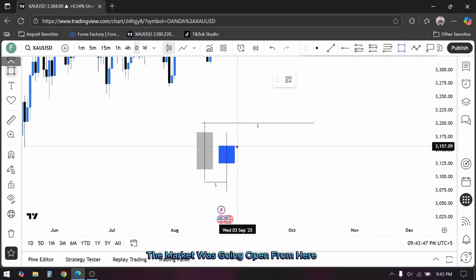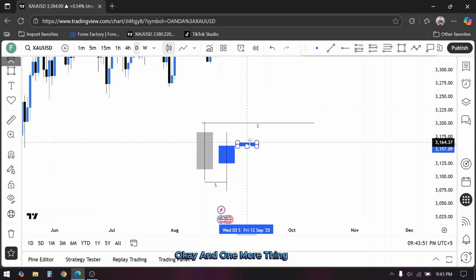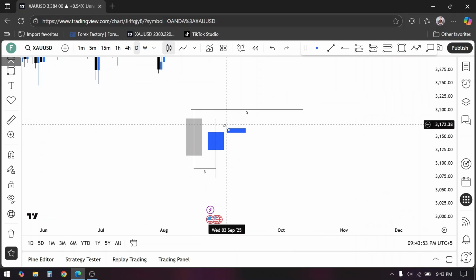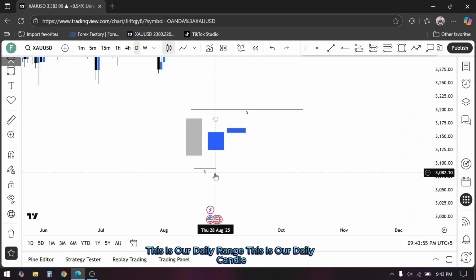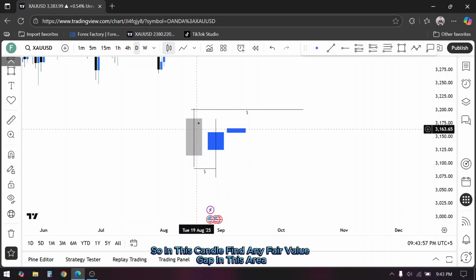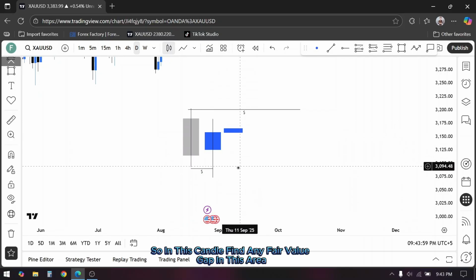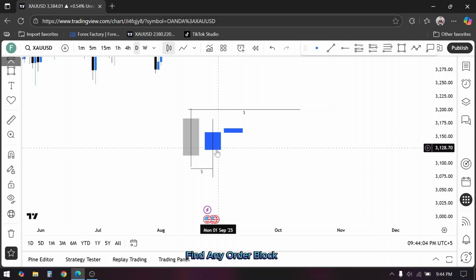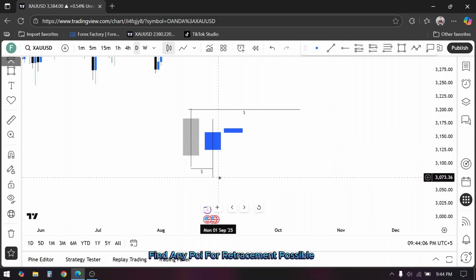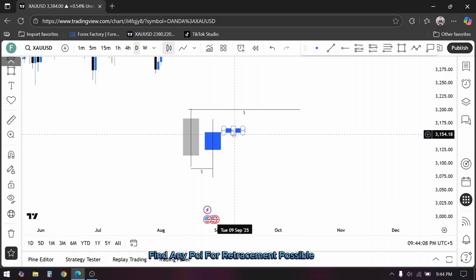The market opened from here. And one more thing, this is our daily range. This is our daily candle. In this candle, find any fair value gap, any order block, any POI for retracement.